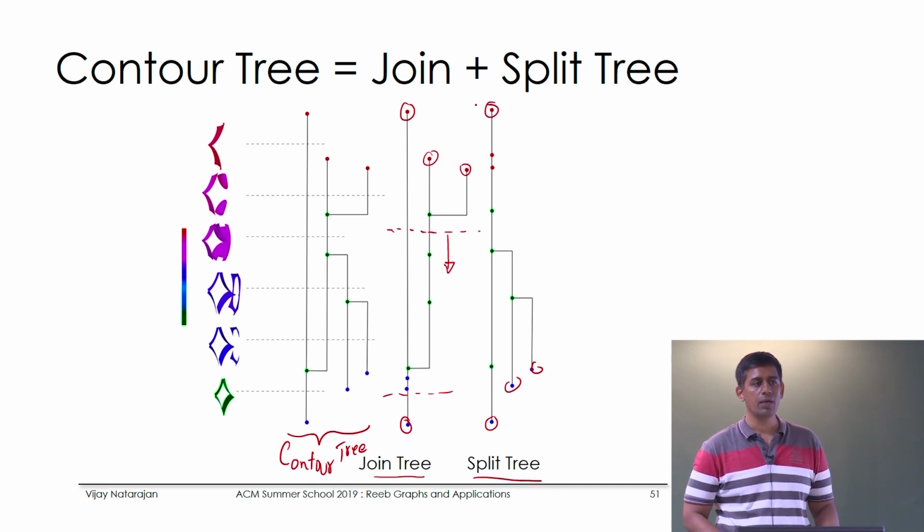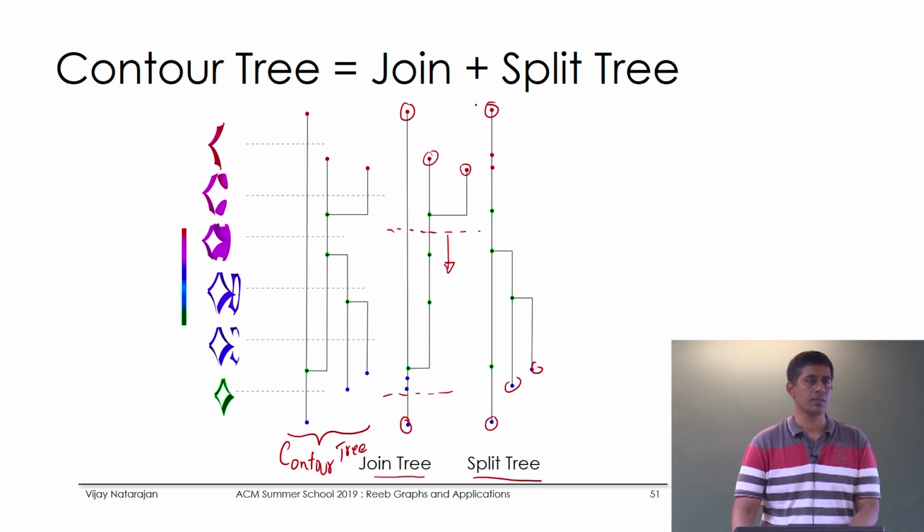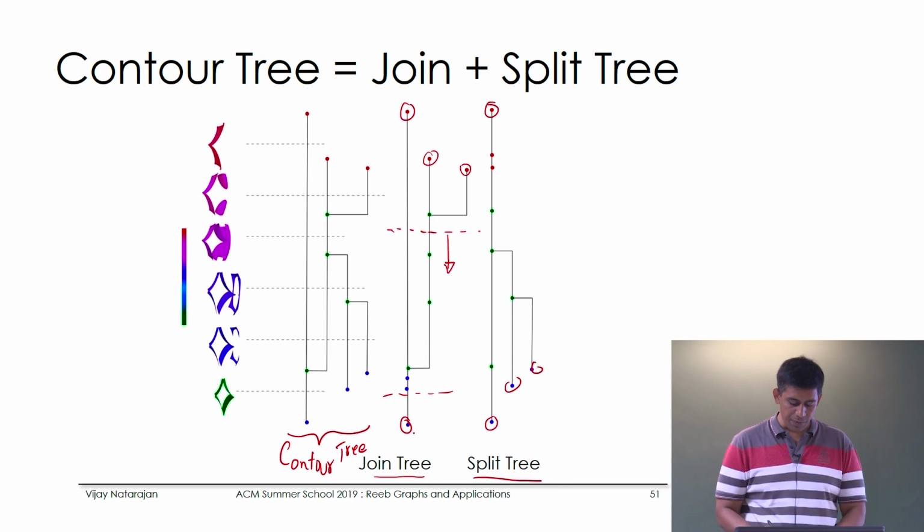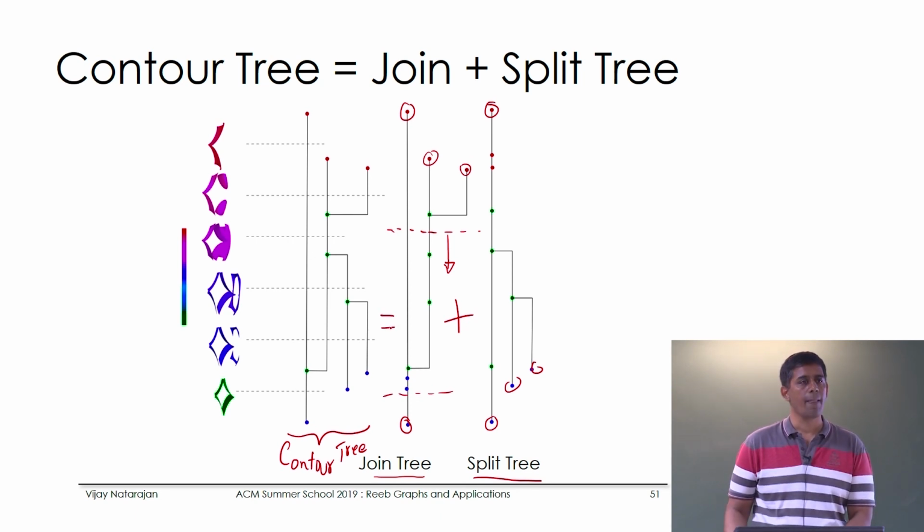Everything else is missed. But interestingly, whatever is missed from the join tree is captured in the split tree. And if you put the two together, you actually get the contour tree. So, this plus this is equal to the contour tree.